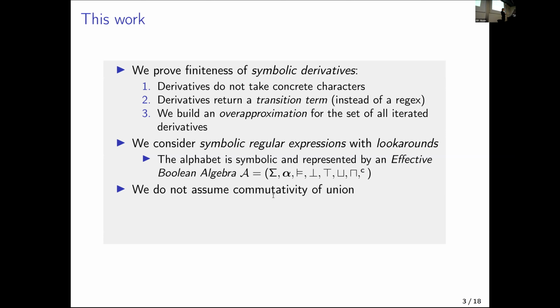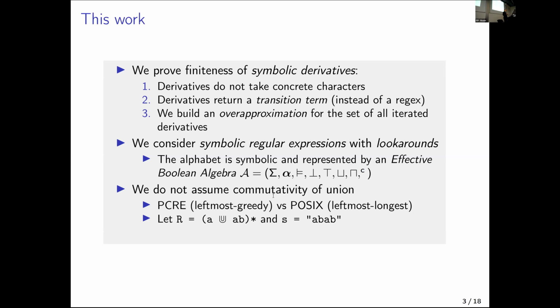And the final point is that we do not assume commutativity of union, which was one of the equations on the previous slide. The reason for that is that there are two different match semantics that exist in the literature, PCRE and POSIX. And the easiest way to demonstrate the difference is by example. If you have an expression like A or AB star and the following string, the PCRE match will prioritize the leftmost alternative.